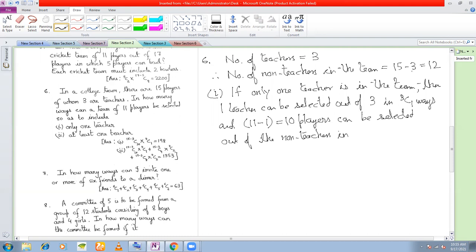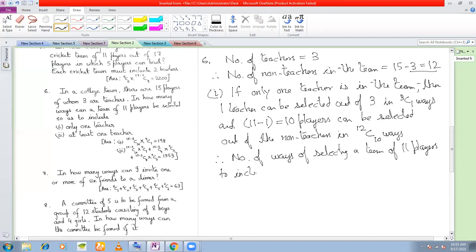How many non-teachers are there? 12. So 12C10 ways. So therefore, what is the number of ways of selecting a team of 11 players to include only one teacher? We are selecting one teacher in 3C1 ways, and the remaining you are selecting in 12C10 ways. So you get this as 198.